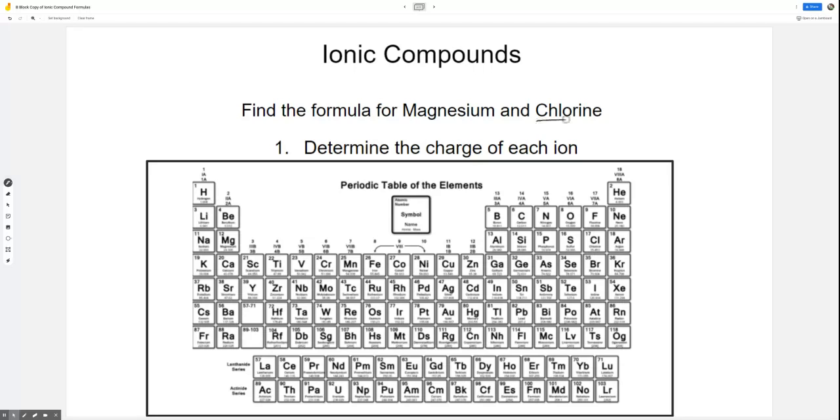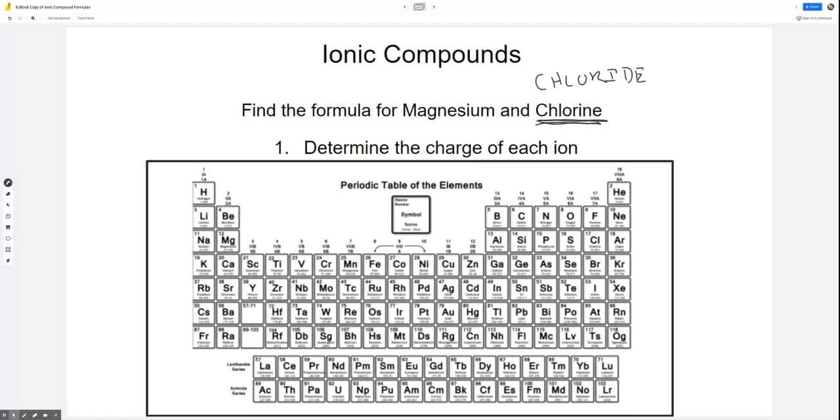When we write the name, we change the ending of the second element. It goes from chlorine to chloride. You've probably heard of sodium chloride, which is salt. It's just the name we use. We change the ending.